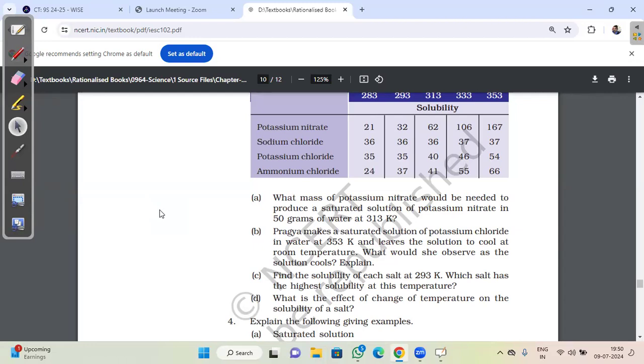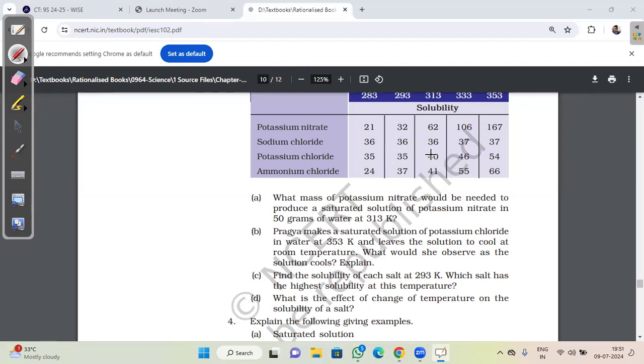We will see the crystals of potassium chloride settle out because the solubility at room temperature will be less. At 333 Kelvin, 46 grams of potassium chloride can be dissolved. If it cools to room temperature, about 20 degrees, only 35 grams can remain in the solution.